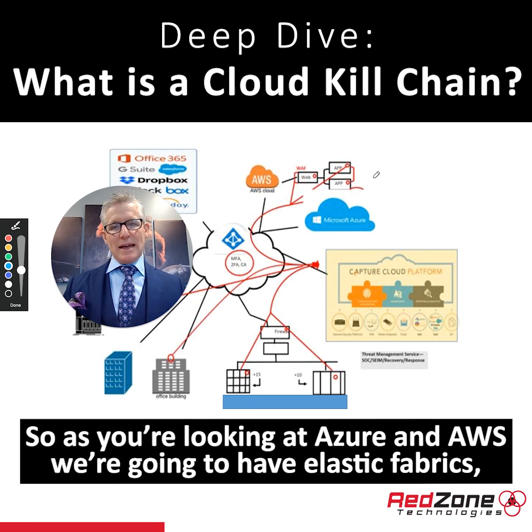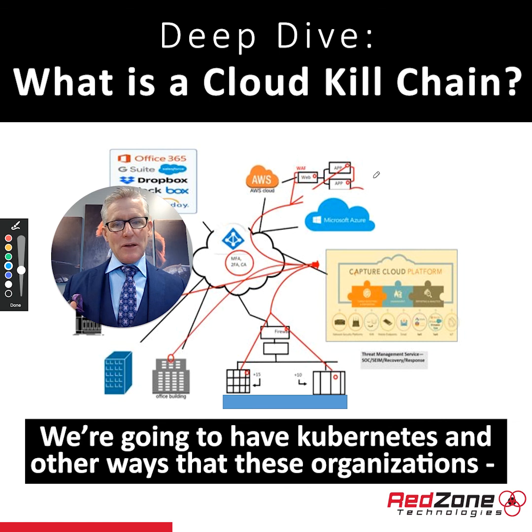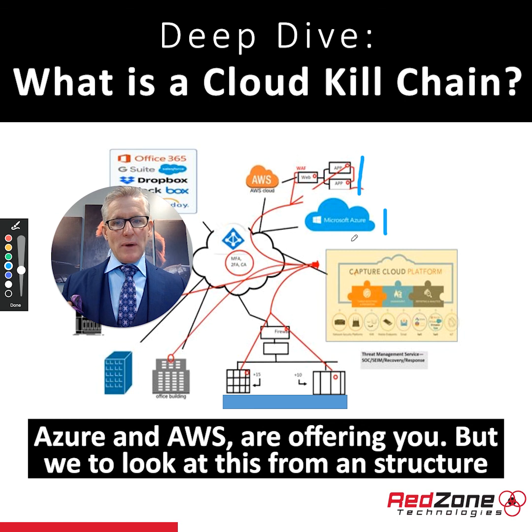So as you're looking at Azure and AWS, we're going to have elastic fabrics. We're going to have Kubernetes and other ways that these organizations, Azure and AWS, are offering you.